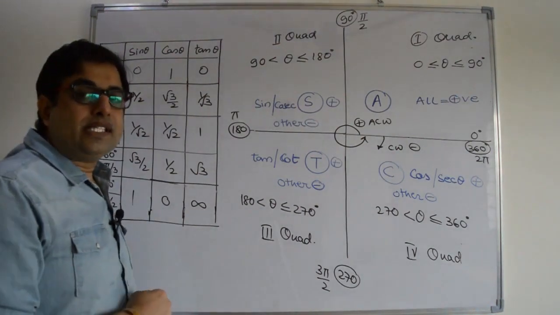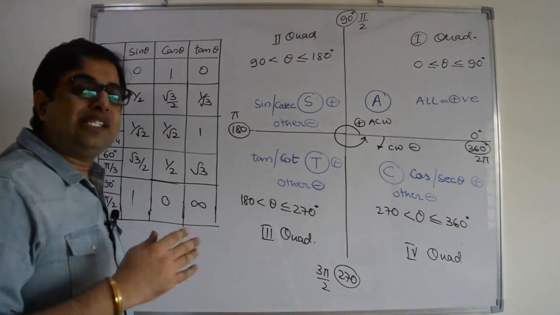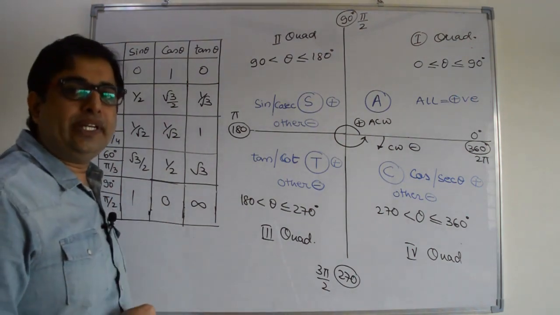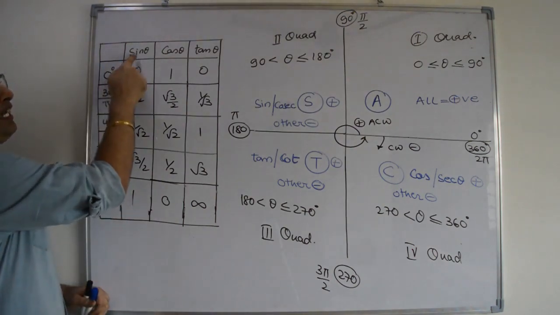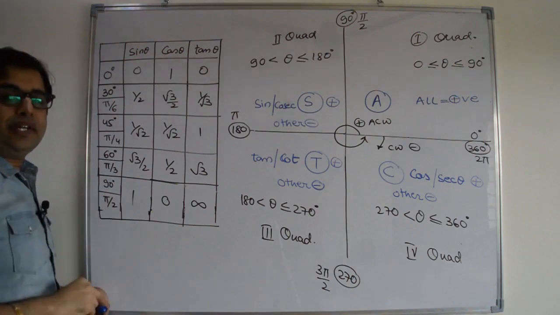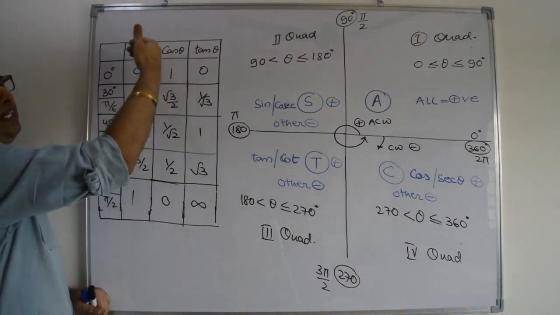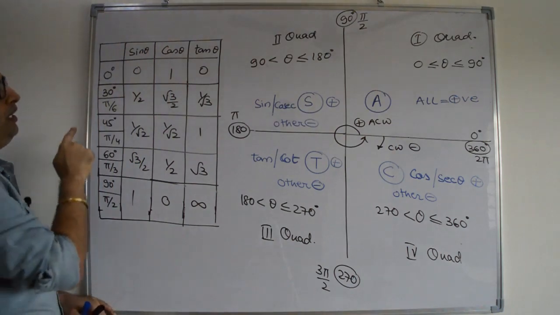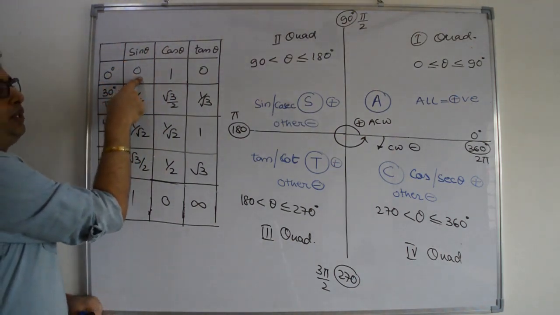Now let us see the values of trigonometric quantities for angles from 0 up to 90 degree. Let us see sine theta, cos theta, tan theta values. You can calculate the other trigonometric quantities by just taking the inverse, right? So what is sine 0? Sine 0 is 0.